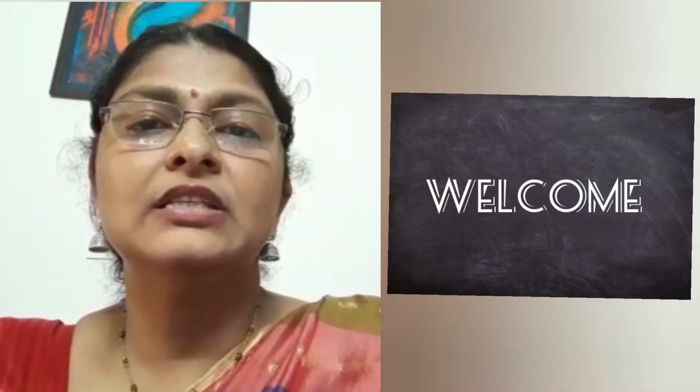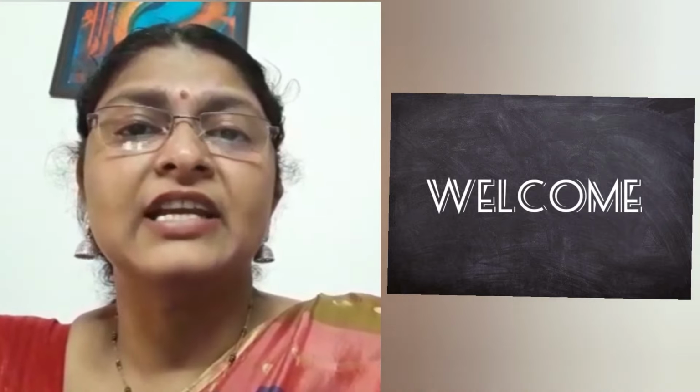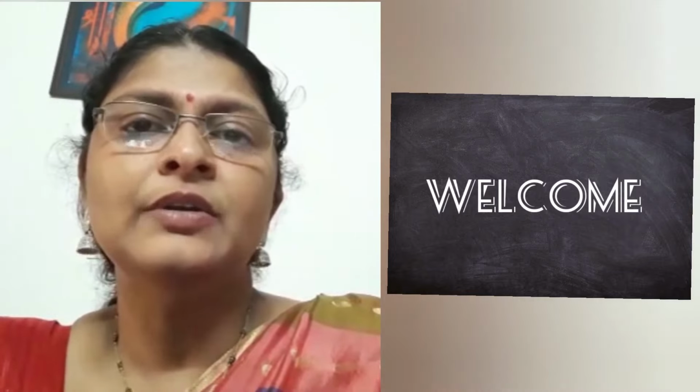As you know, this week also we are dealing with a poem. In the previous poem, we have learned two poetic elements, that was personification and simile. I hope personification and simile are clear to you now.